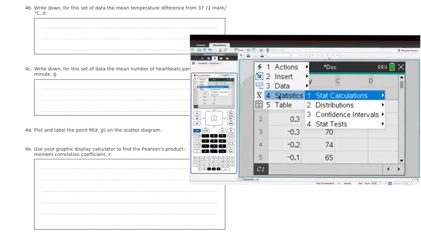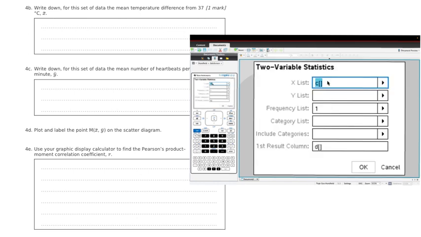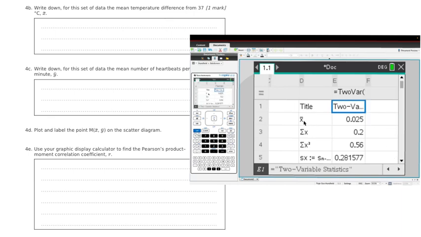Go to menu. We're going to go to statistics, statistical calculations. We've got two variable statistics. So our X list we called X. Our Y list we called Y. Everything else can remain the same. Press OK. And there you can see we have X bar, which is 0.025.